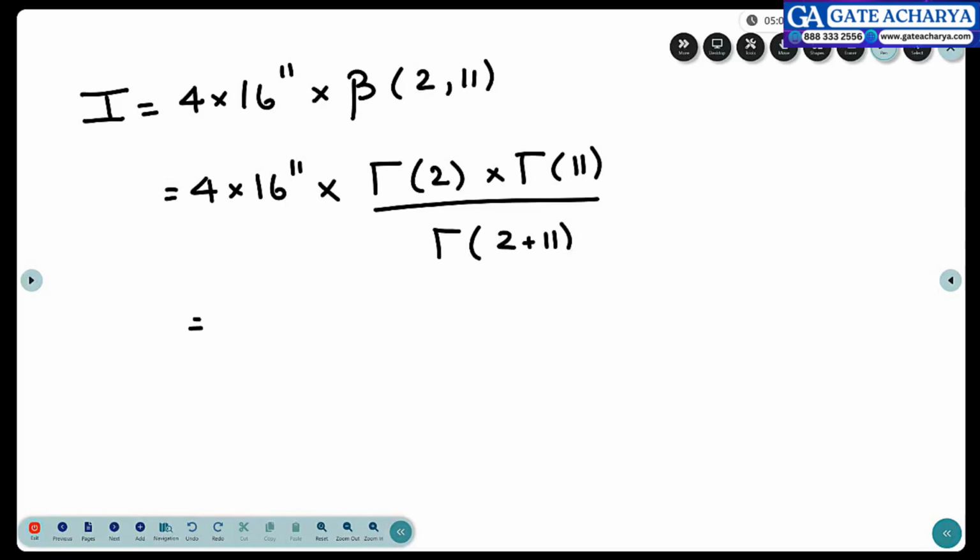So what is gamma of 2? Gamma of n plus 1 is n factorial if n is an integer. So gamma of 2, that is 1 plus 1, is 1 factorial.